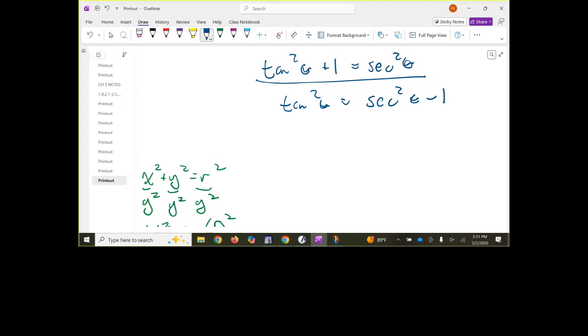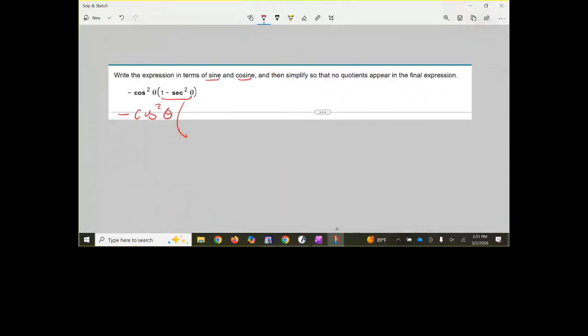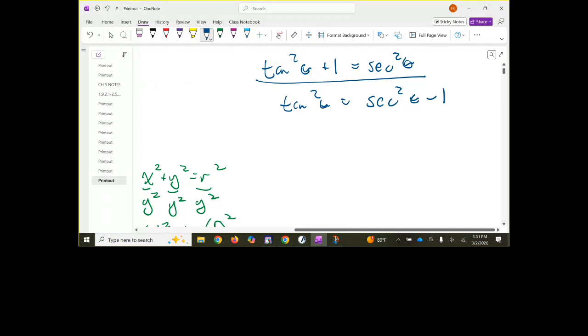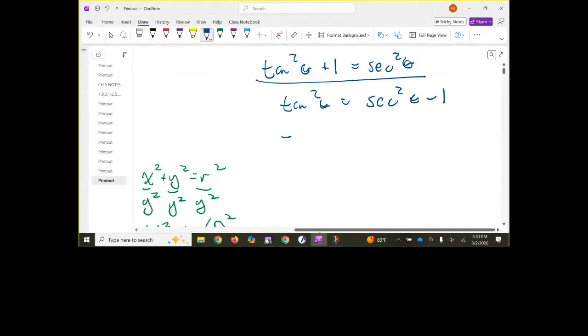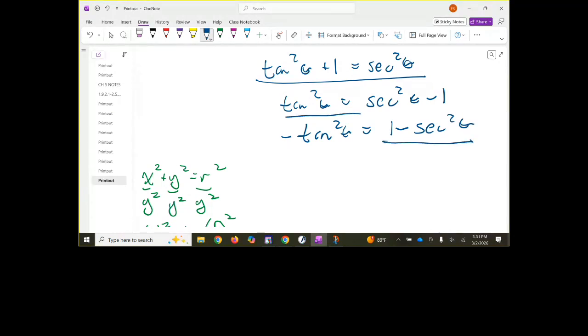But it's not 1 minus, it's supposed to be secant squared theta minus 1, and what I have here is 1 minus secant squared theta. So if I put a negative in front, that makes it flip around. So we could say 1 minus secant squared theta is the same thing as negative tangent squared theta.